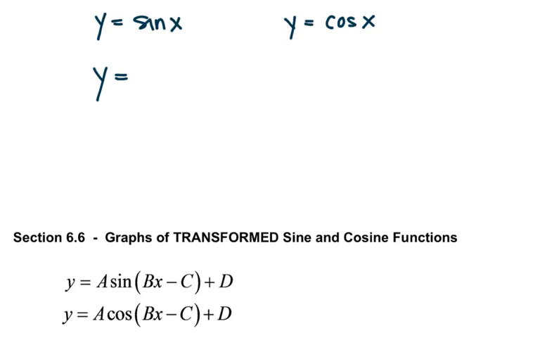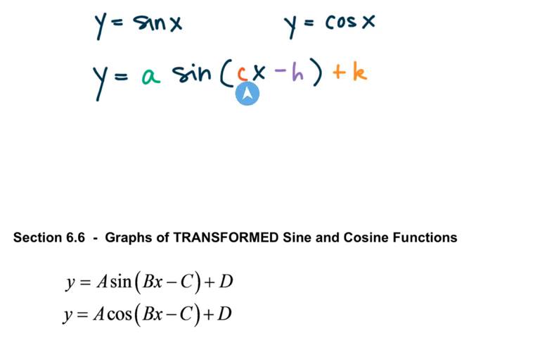Y equals, we'll say A times the sine of some quantity C x minus H plus K. So you should notice a similarity between what I've written here and these two transformed forms that we have. They all behave the same way. You may have just learned them with different variables before.